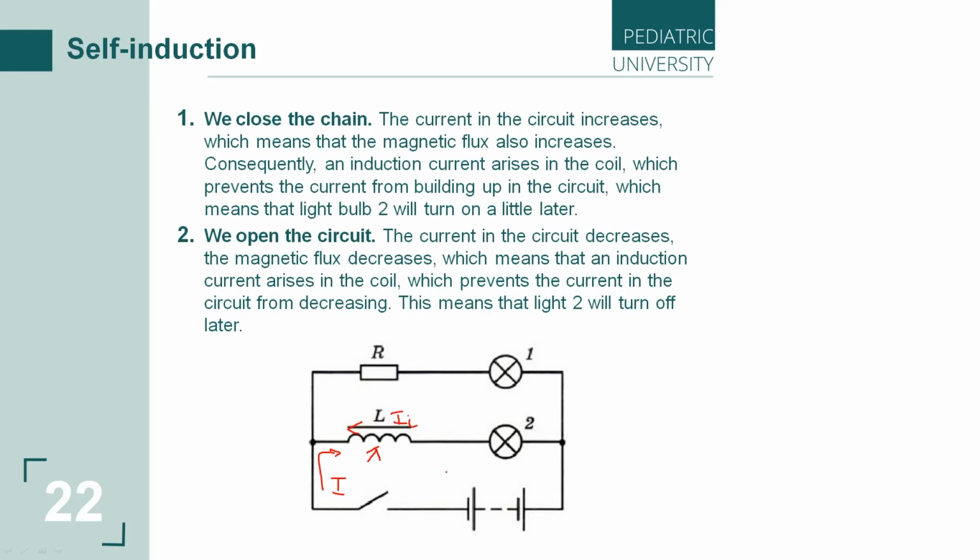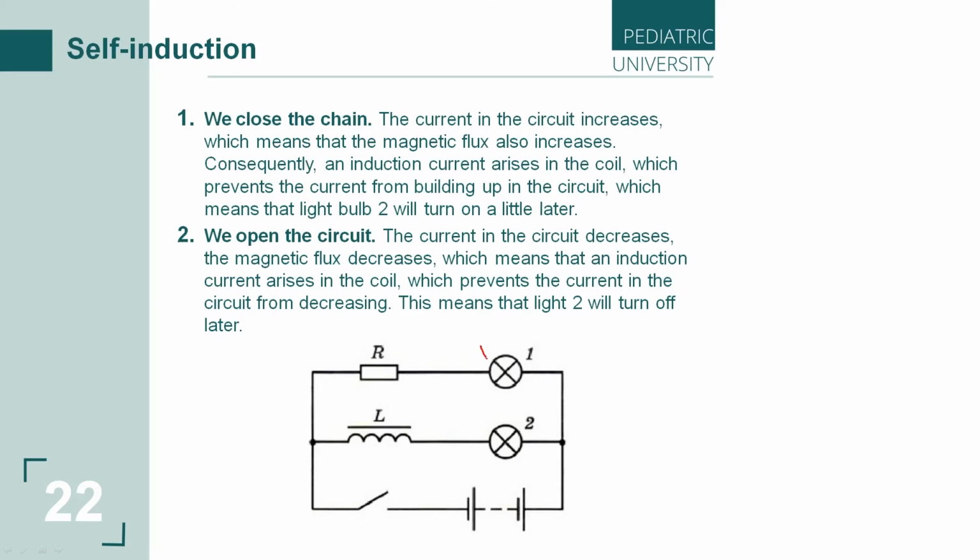Why? Because we want to turn on the lamp, but electromagnetic induction does not want to turn on the lamp. Opposite direction. It must do everything opposite every time, which means that light bulb number 2 will turn on a little later. It turns out that light number 1 will turn on first.